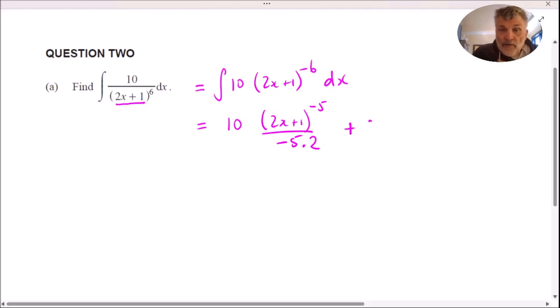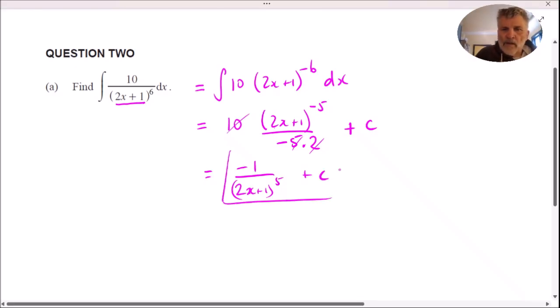And we've just done an integration, so we have to add a constant of integration. 5 times 2 is the same as 10, so these are going to cancel. We'll get -1 over (2x plus 1) to the power of 5 plus a constant. So there's our integral.